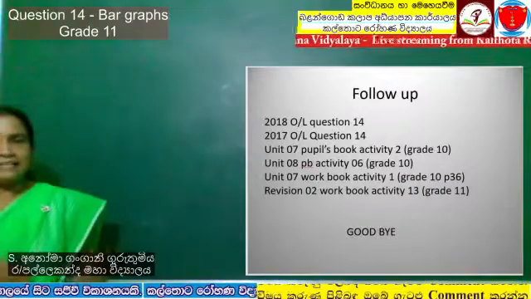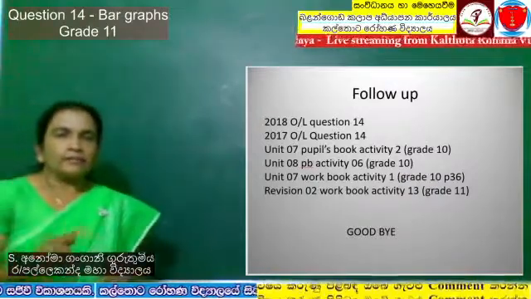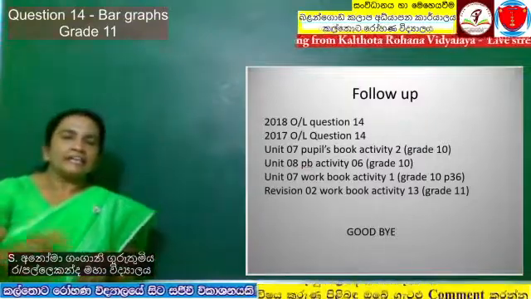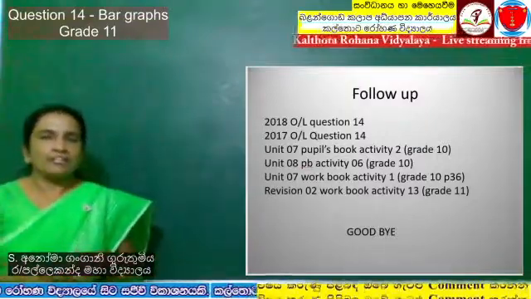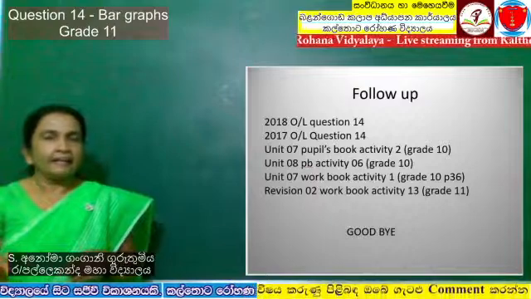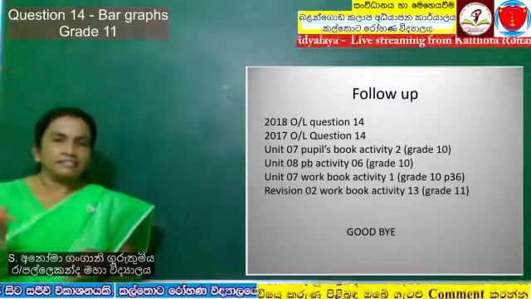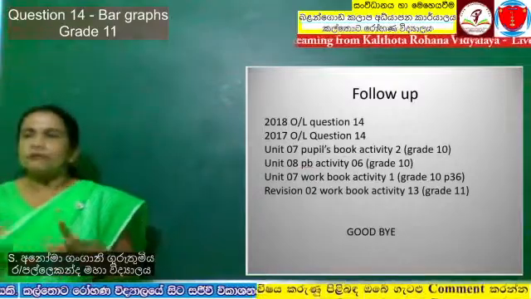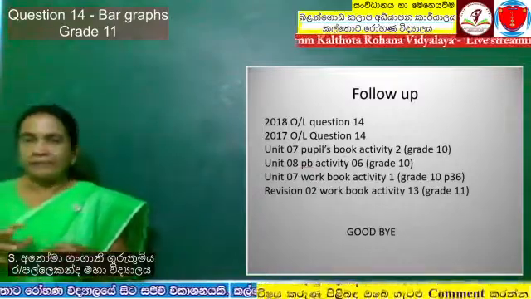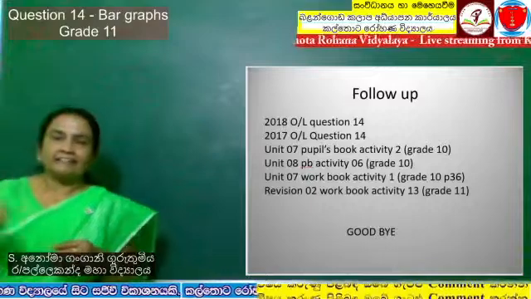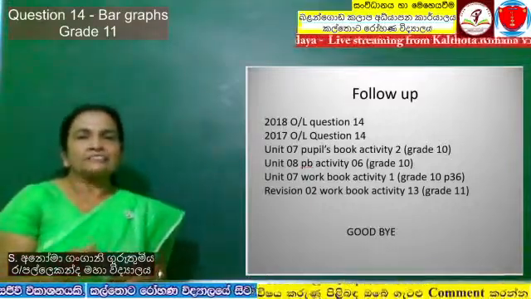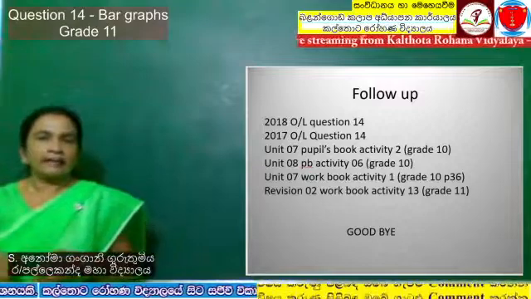Children, follow up this. Question GCSE O-Level 2018, question number 40. Again, GCSE O-Level 2017, question number 40. I think you all have textbooks, grade 10 and grade 11. Unit 7 pupils book, activity 2, grade 10.